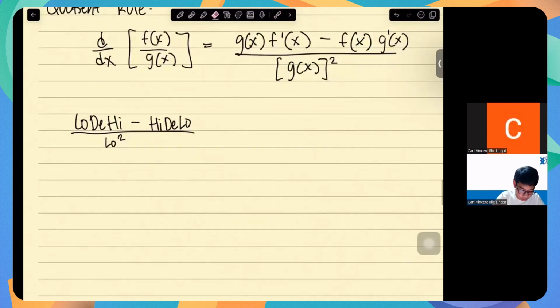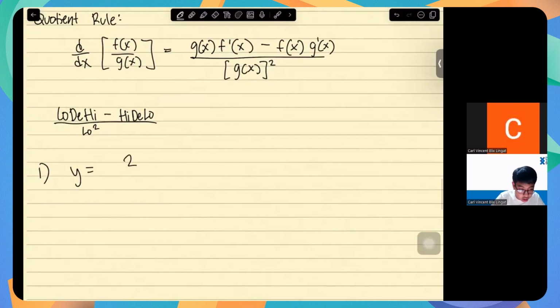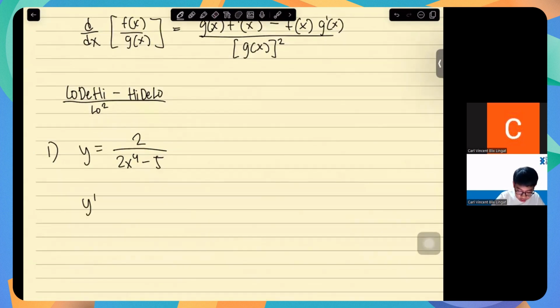So let me demonstrate just that. Number one, we have y equals 2 over 2x raised to 4 minus 5. So y prime equals, first, low d high. That means we copy the low, 2x raised to 4 minus 5, then get the derivative of high.